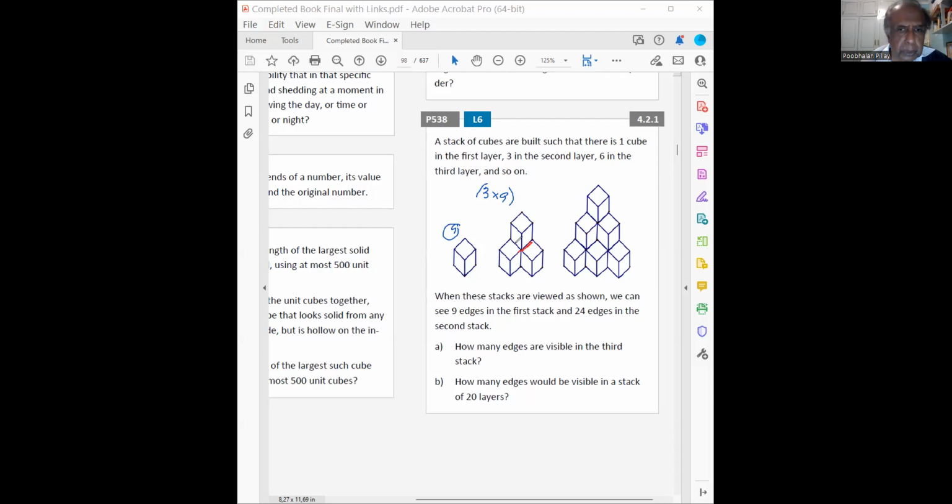So this edge here is counted twice. Likewise, even this edge here is counted twice. And so is this edge. And those are the only edges which are counted twice. All the others are only counted once, if you look at it.